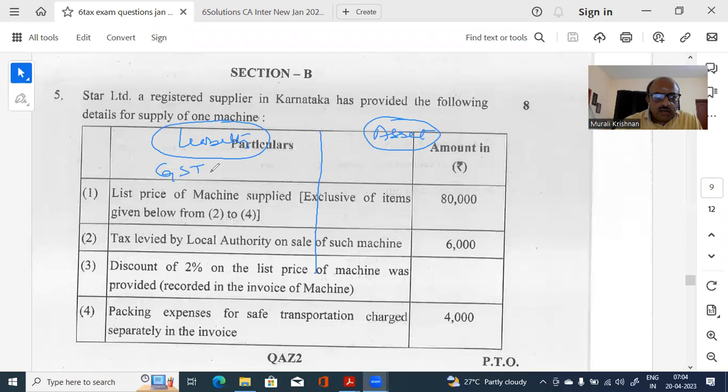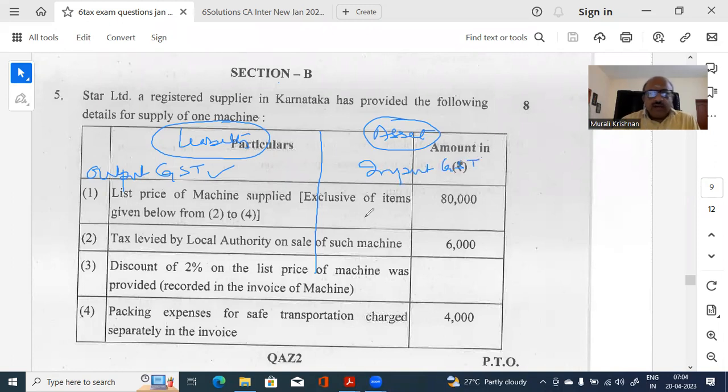As you sell, you have to pay this money to the department. On the other side is the asset that you have, which is the input GST.